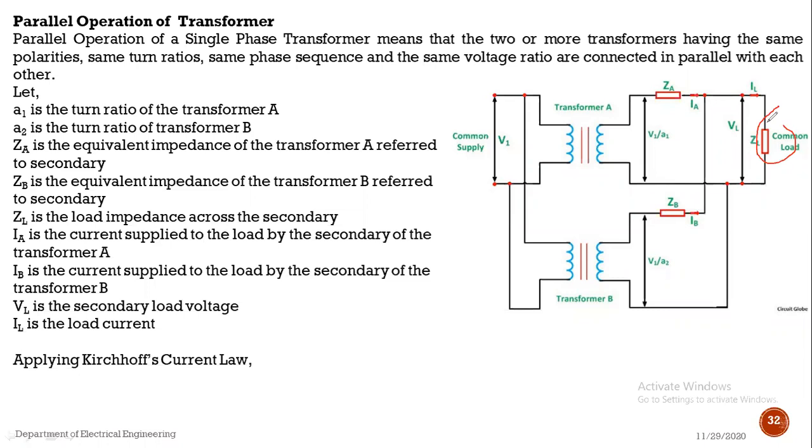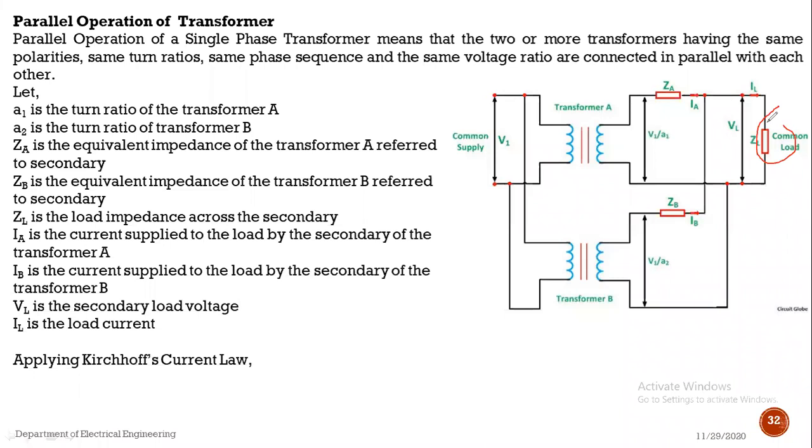Now we want to derive one derivation. So if two transformers are connected in parallel, when is it called that two transformers are operating in parallel? When the primary windings of both the transformers are connected to a common supply, and the secondary windings of both the transformers are connected to a common load.